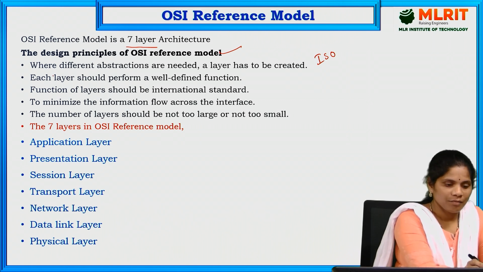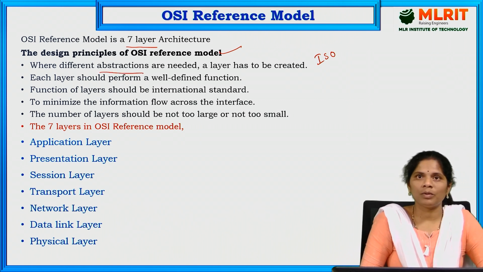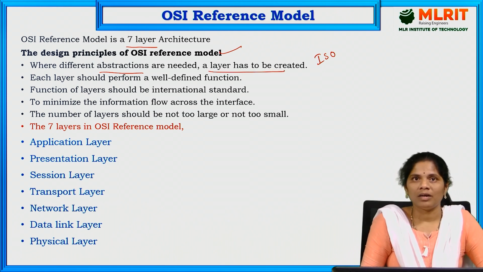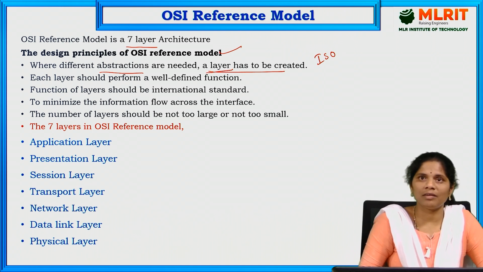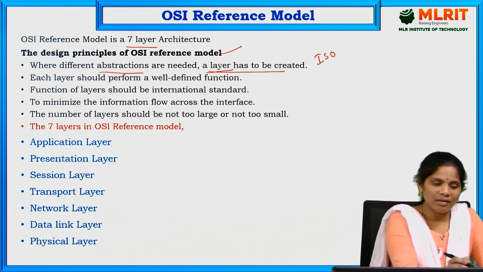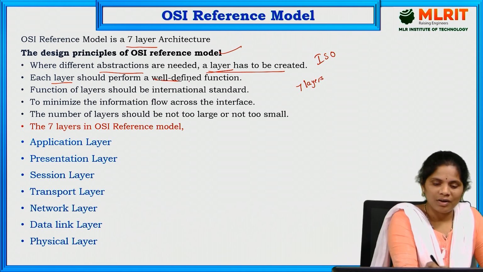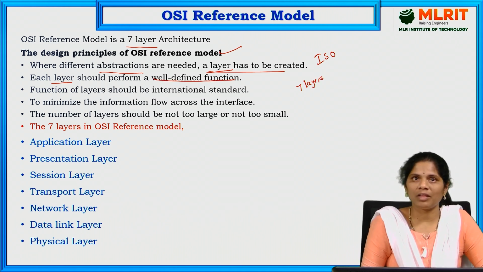Different abstractions are needed, so a separate layer is created for each. Each and every layer, the 7 layers, performs a well-defined function. Each layer has its own functionality. That is the main design principle.